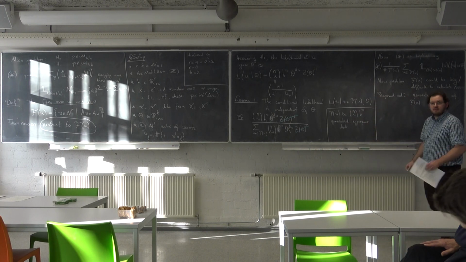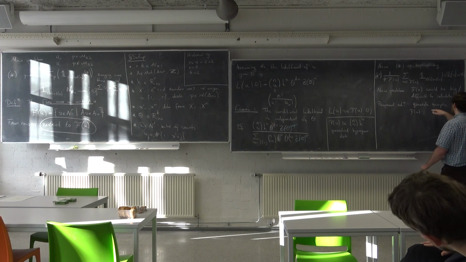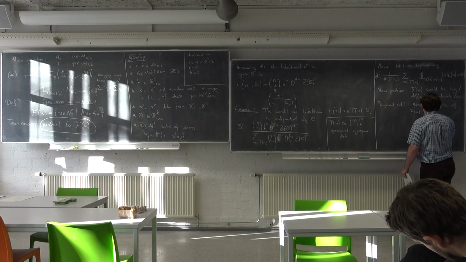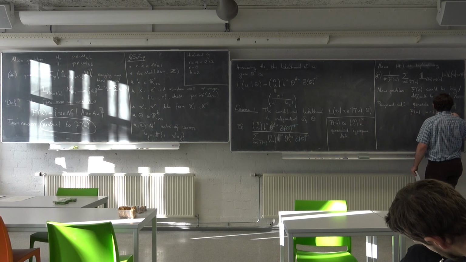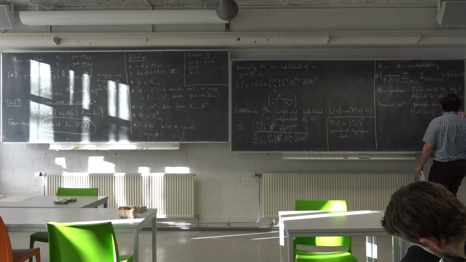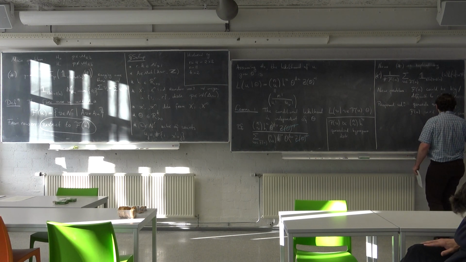This is a known distribution, and we can sample from that. So we generate samples of that with respect to the generalized hypergeometric distribution.